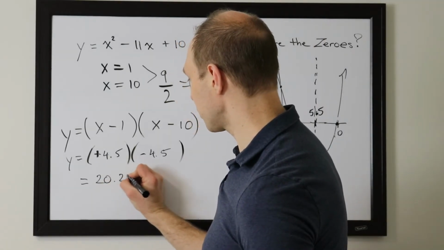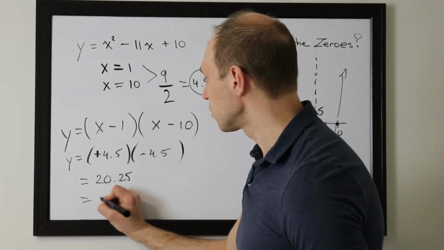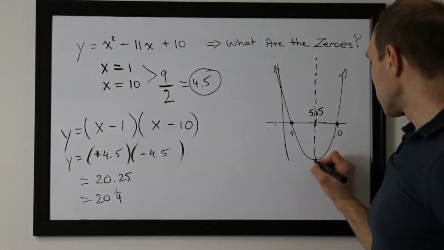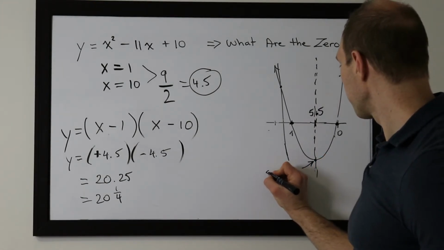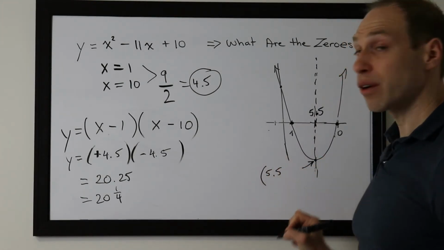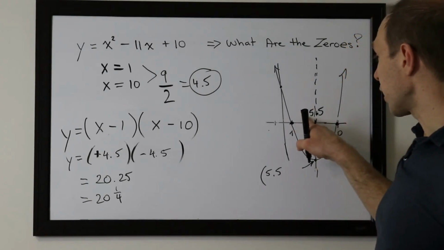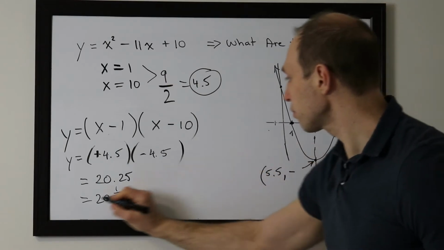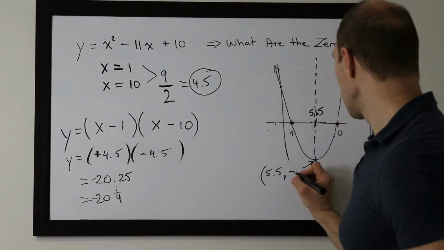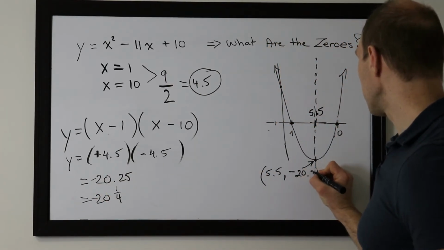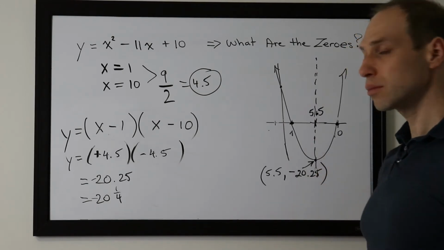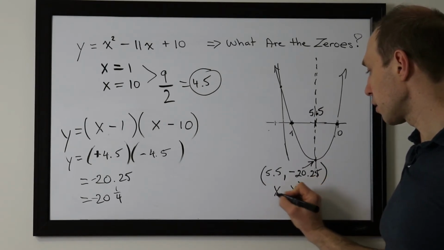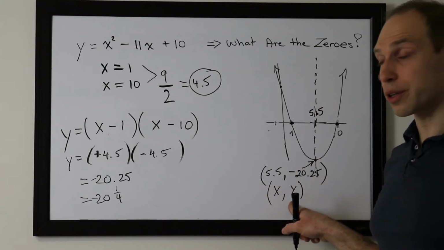It's 20.25. So we have 20 and a quarter. So essentially, the location of our vertex is when x is 5.5, our y value is negative 20.25. Okay, just keep in mind that the first value is our x and then our y coordinate.